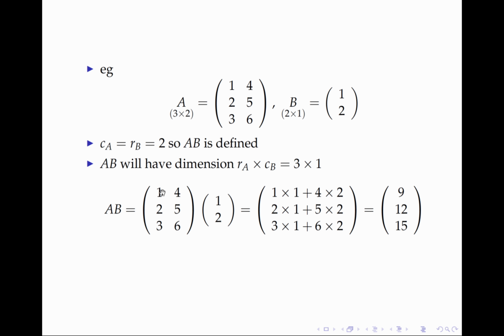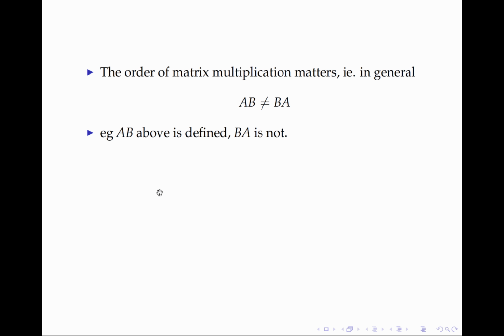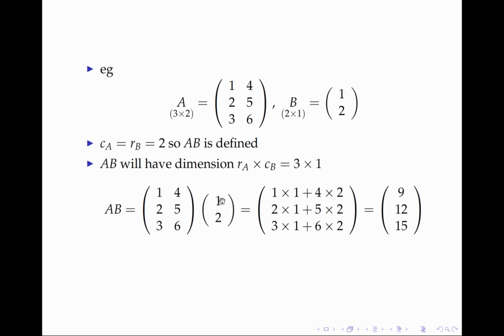We basically proceed by multiplying the rows of A by the columns, in this case the single column of B, by which I mean we go 1 times 1 plus 4 times 2. So when we're multiplying matrices, it's actually a mixture of multiplication operations and addition. 1 times 1 plus 4 times 2 gives the 9. 2 times 1 plus 5 times 2 gives the 12, and so on.